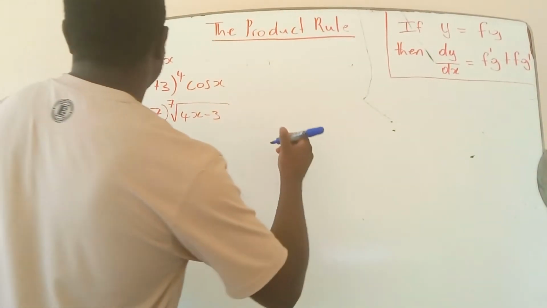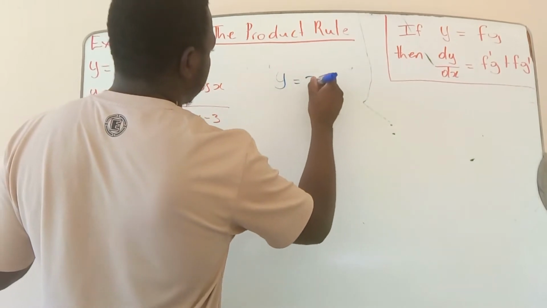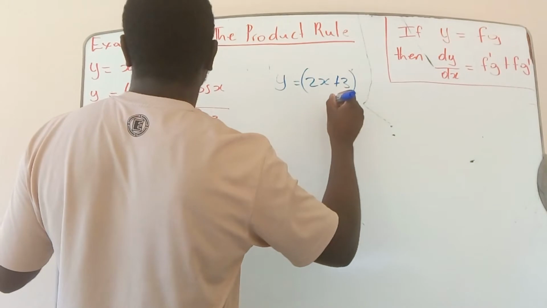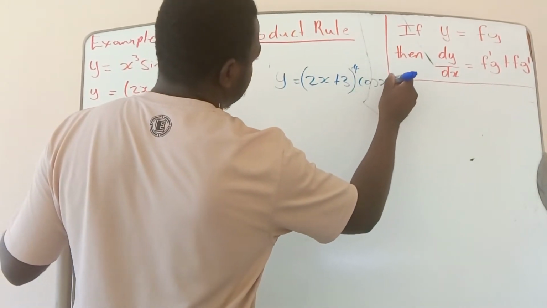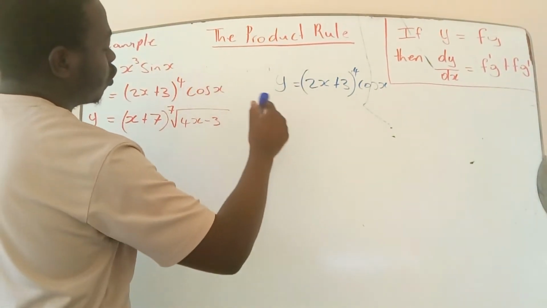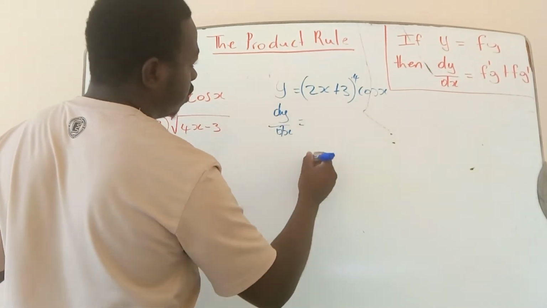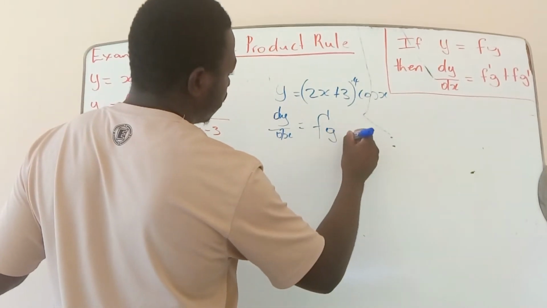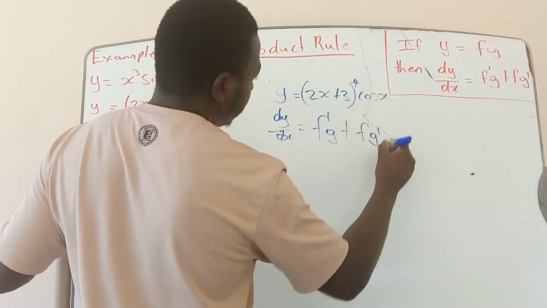Let's look at the second example. Y is equal to 2x plus 3 all raised to the fourth power multiplied by cos x, right? And you are asked to differentiate this function using the product rule, then dy by dx is equal to the derivative of the f function times the g function plus the f function times the derivative of the g function.